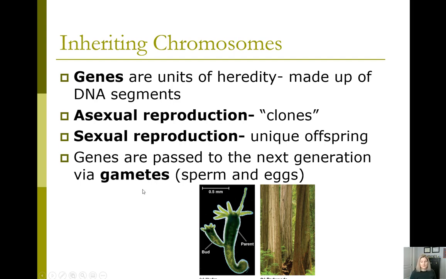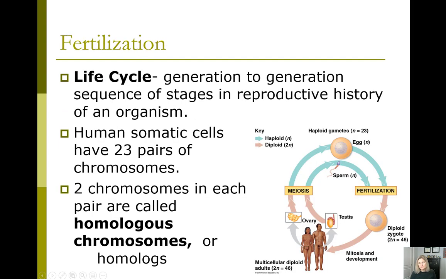And in order to get unique offspring, the parents need to pass on their genes to their offspring in a certain unique fashion, which is basically through meiosis, where we're going to be producing gametes instead of a somatic cell like we did in mitosis. So those gametes is just a scientific term for sperm and eggs, okay?